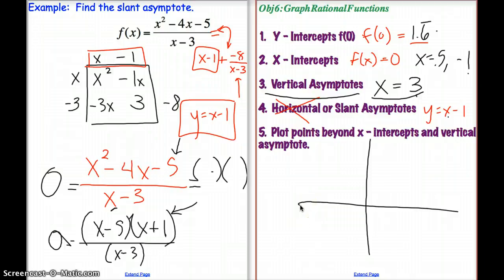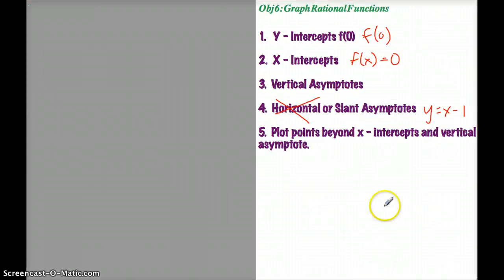So let's see, I have an asymptote at x equals 3. 1, 2, 3. So this is my first asymptote, my boundary, x equals 3. I also have a slant asymptote at y equals x minus 1. So I'm going to graph x minus 1 down here. And I'm going to graph that line using what I know about slope.